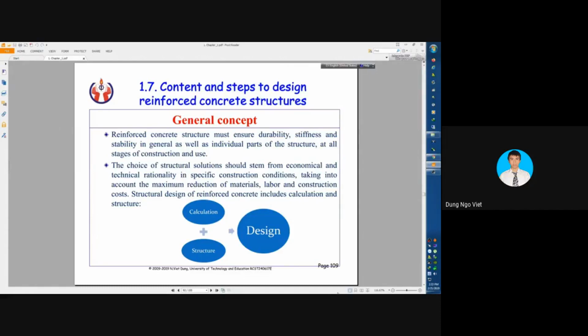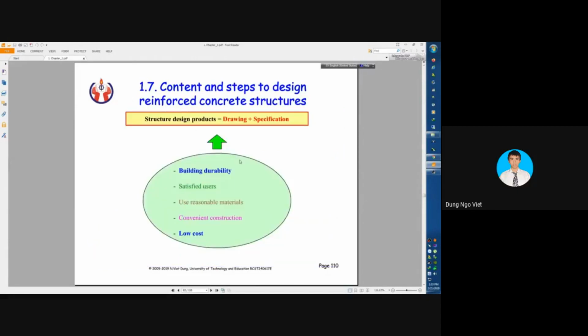Structural design of reinforced concrete includes calculations and structure. The products of structure design are drawings and specifications. Specifications are the documents that explain the drawings in detail.